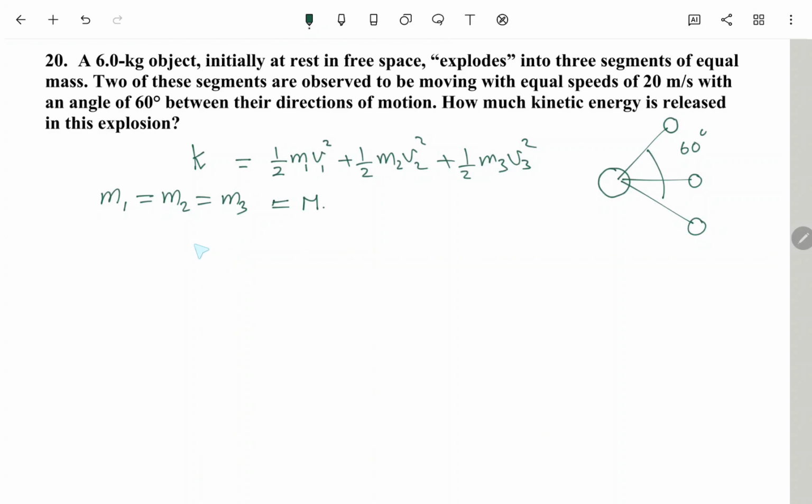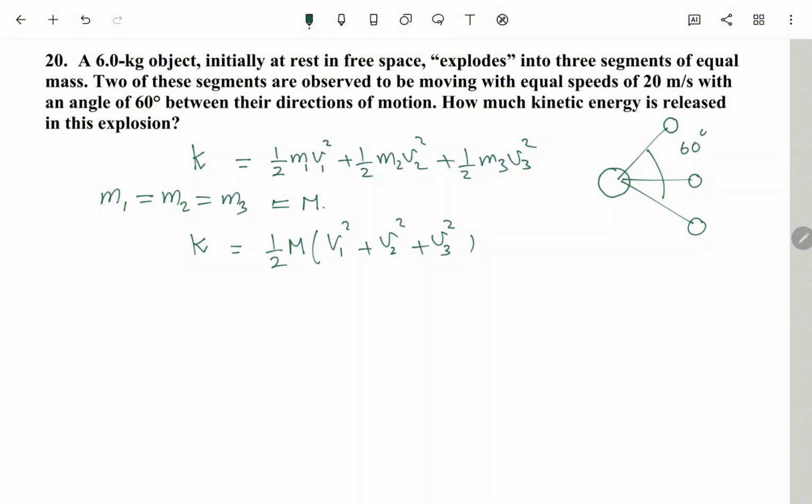K in this case will be half m times v1 squared plus v2 squared plus v3 squared. Now, we need to calculate v1, v2, and v3.